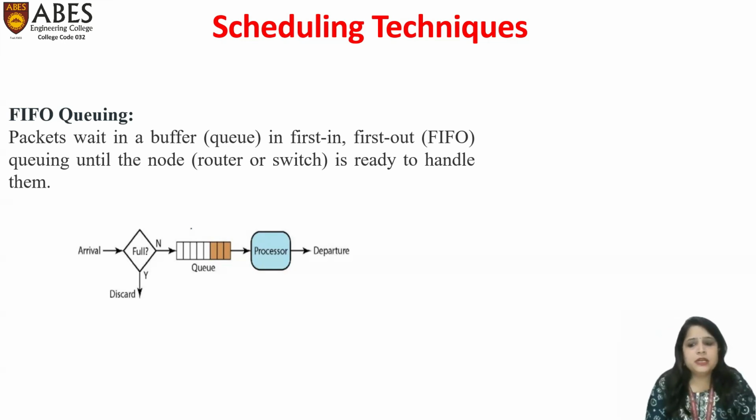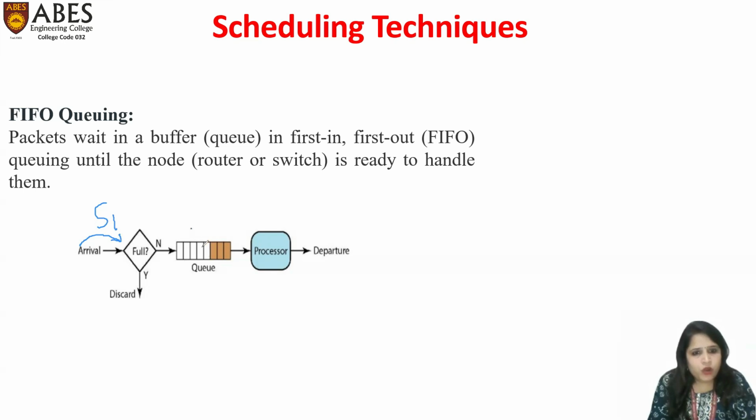To understand it, let us discuss the flow chart of this technique. According to the flow chart, this is the arrival time of a packet in a network. Suppose segment 1 arrives in the network. First, the network will check the condition.